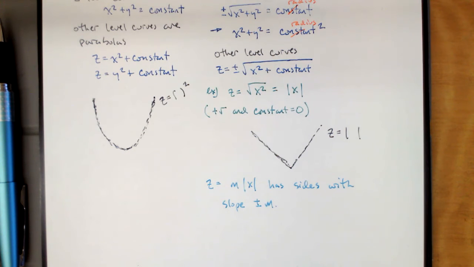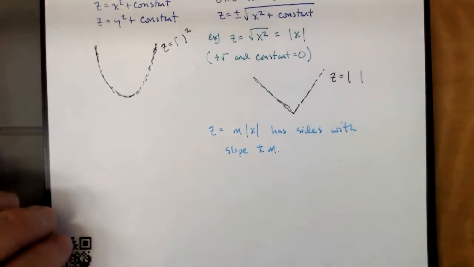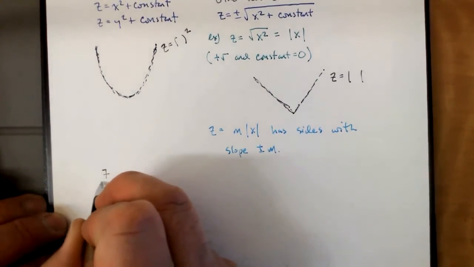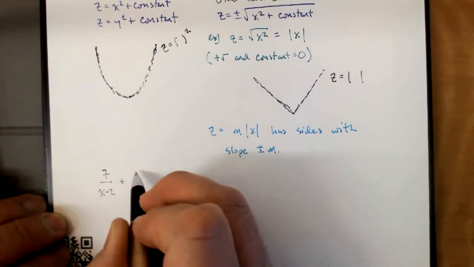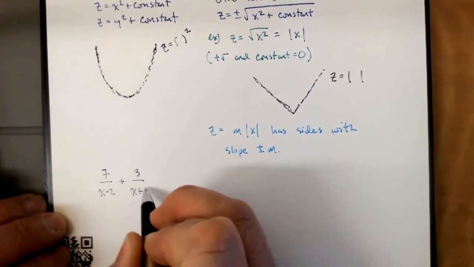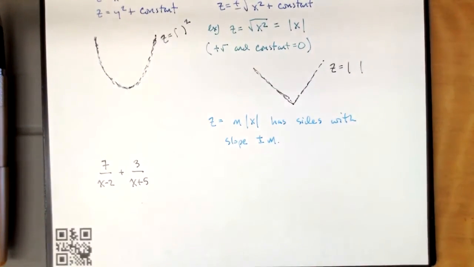I don't know what your rational expressions were historically. But an operation on rational expressions, just like one that we did today, say 7 over x minus 2 plus 3 over x plus 5, is adding rational expressions.